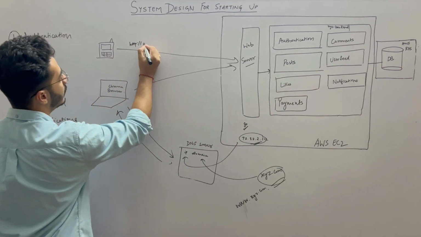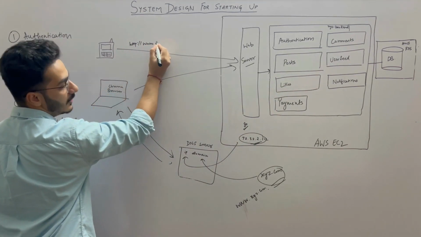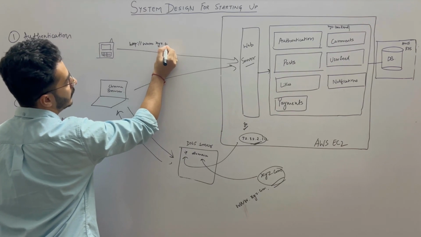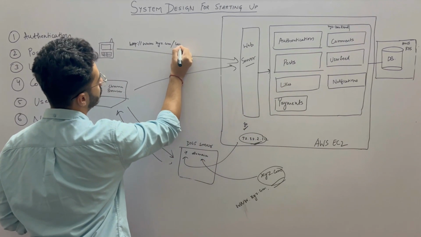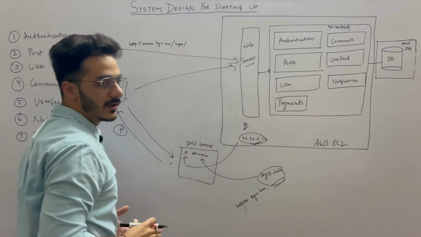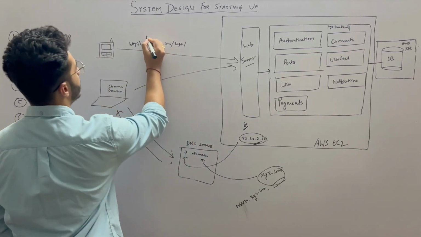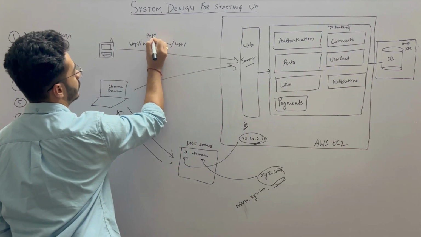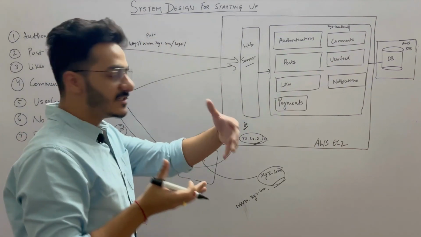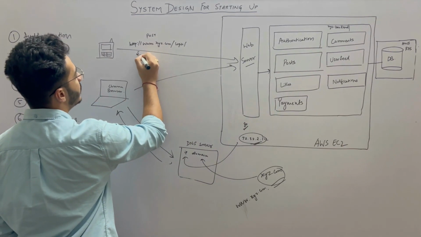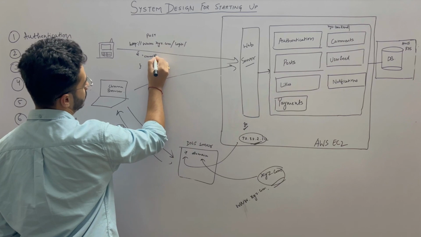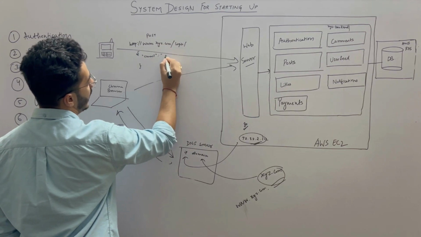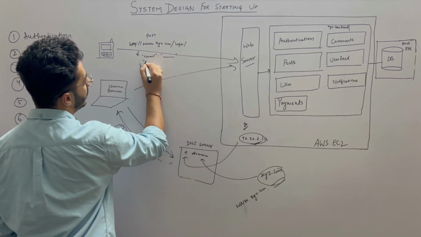So HTTP www.xyz.com, and suppose you have made an endpoint called login. Now it's a POST request because you will be providing certain credentials here. Suppose in the request body you will be passing an email, which can be anything, and your password.